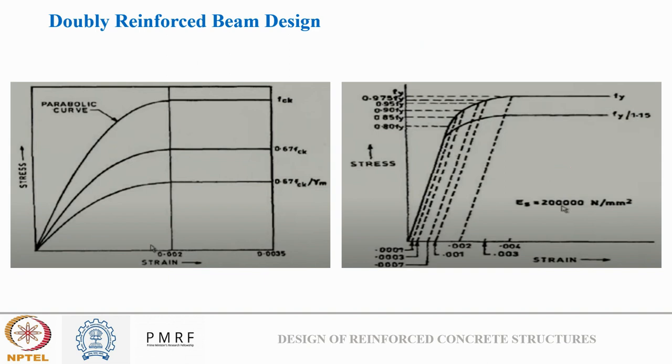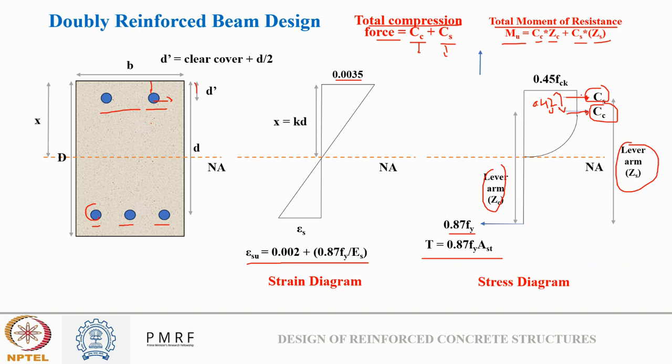Now, for computing stress corresponding to a particular strain, we can refer to the material stress strain diagram. For concrete, we know the stress will be this value only, 0.36 fck. But here we have steel in the compression zone also, so this strain value may not be 0.002 now.